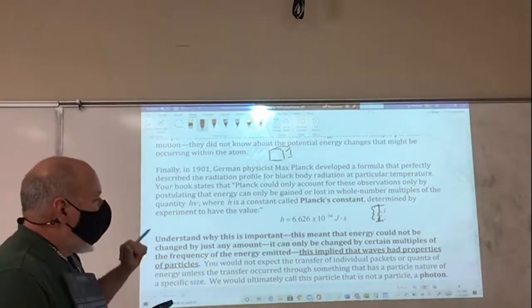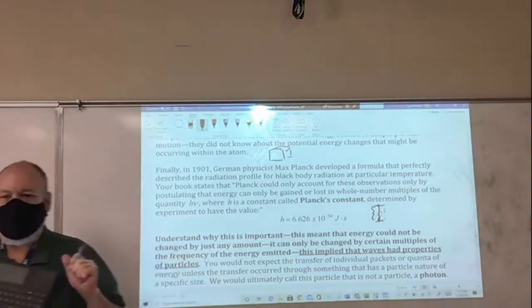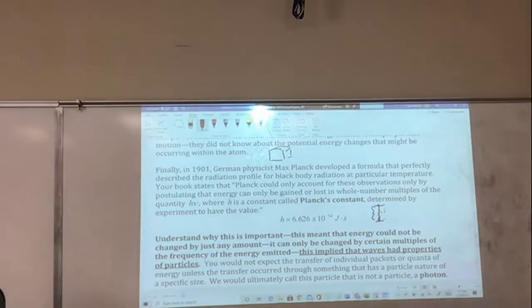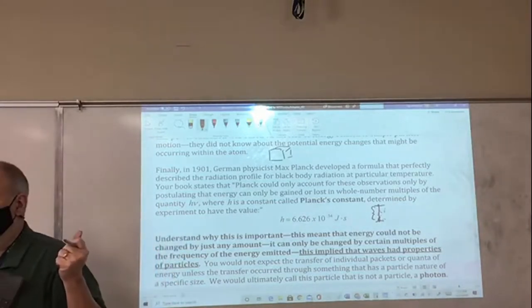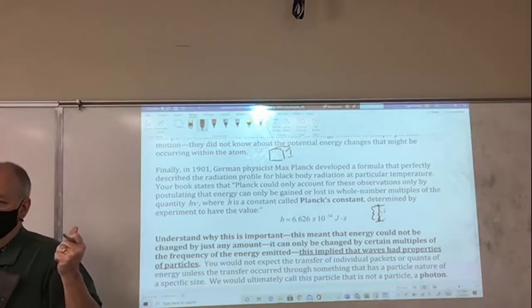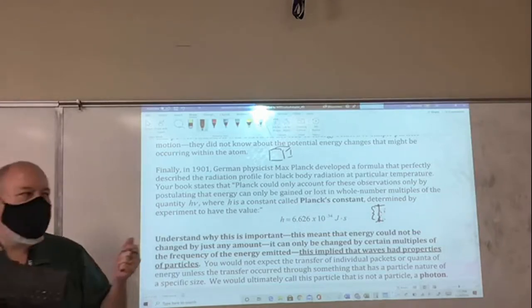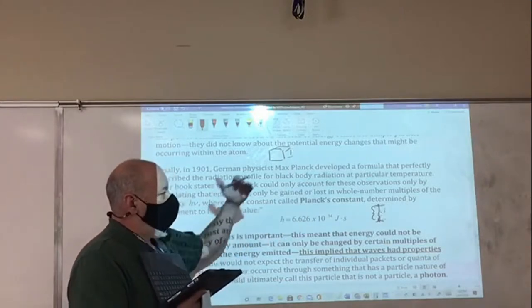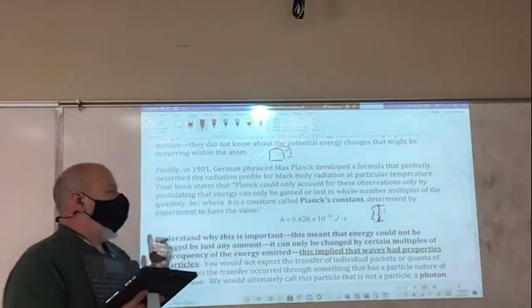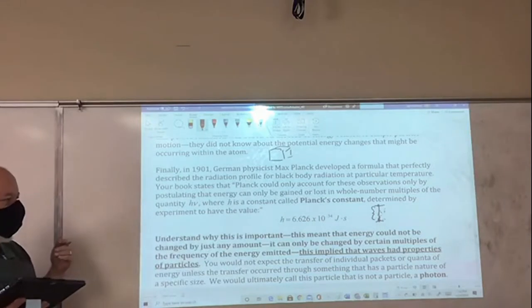And that freaked everybody out. Nobody believed it because they all had their mindset on, when I lose energy from a particle, it just slows down. They didn't know that it also could result from an electron dropping from one level to another level.